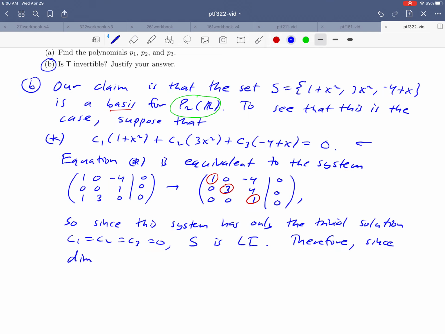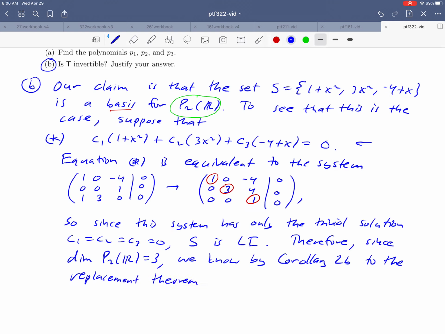Since the dimension of P2 of R equals 3, by corollary 2b, S is a basis for P2 of R. So we've established our first claim that this is really a basis.